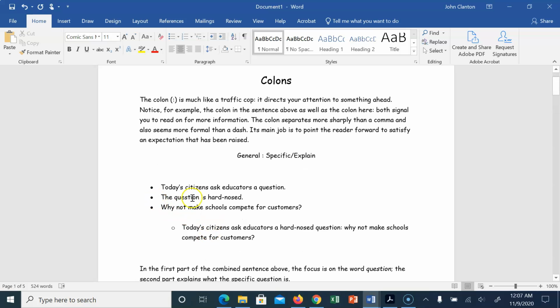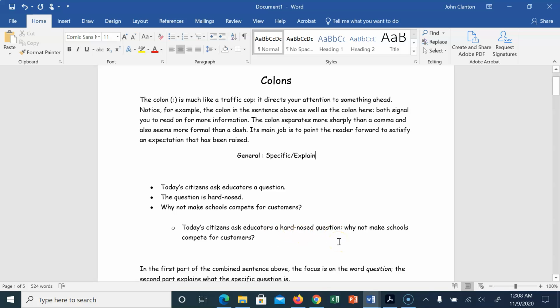So take a look at this here. So here are three sentences that we will combine into one. Today's citizens ask educators a question. The question is hard-nosed. Why not make schools compete for customers? So once we combine all these, we could end up with something like this. Today's citizens ask educators a hard-nosed question, colon.